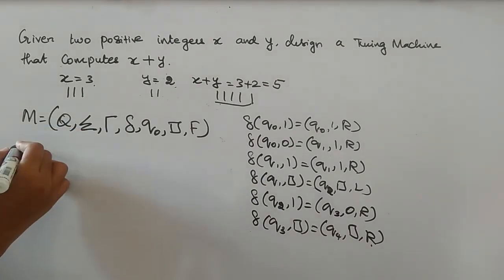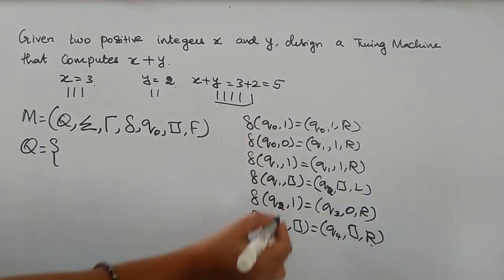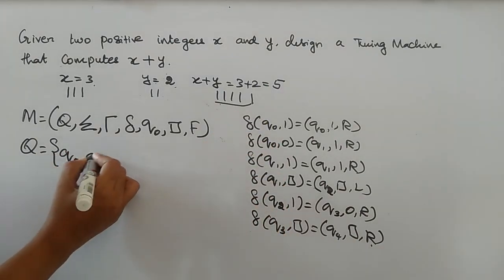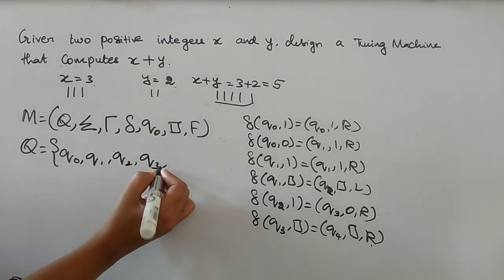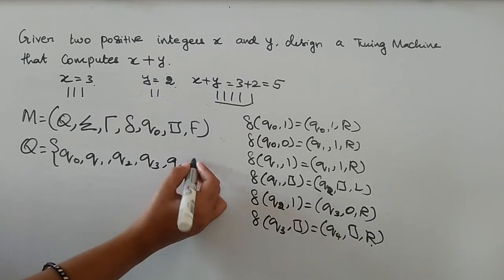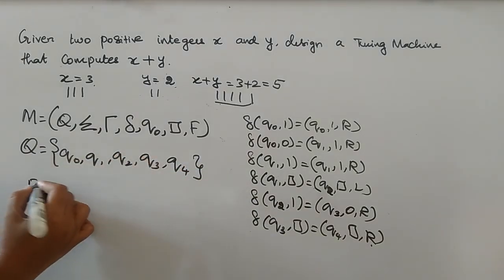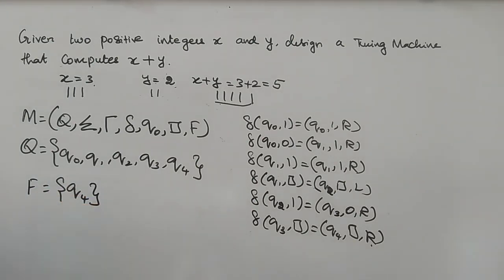And here the internal states are Q is equal to, what are all the internal states that we have used here? Q0, Q1, Q2, Q3 and Q4. So these are all the internal states. And what about the final state? F is equal to Q4, right?